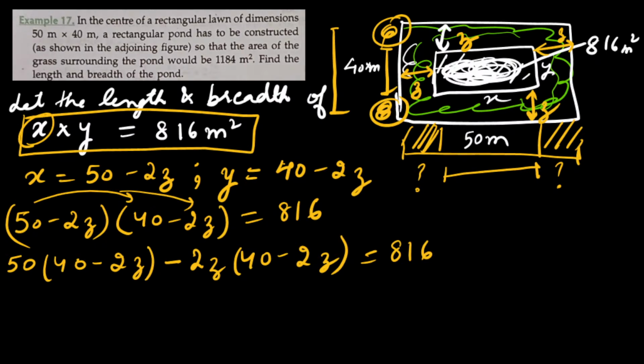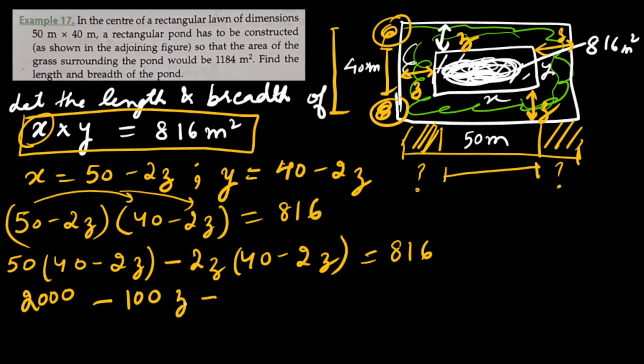We can just multiply. So 50 into 40 is 2000, minus 5 into 2, 10, and 0.